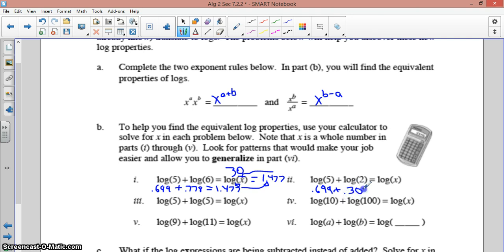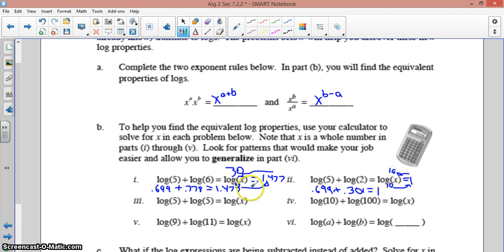When we add those two decimals up, we get 1. Remember, this is a base of 10, so when we do our circle dance, we get 10 to the first is equal to 10. So that means this x value is equal to 10.